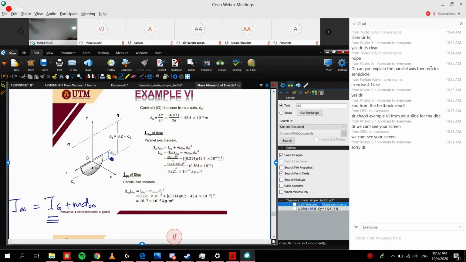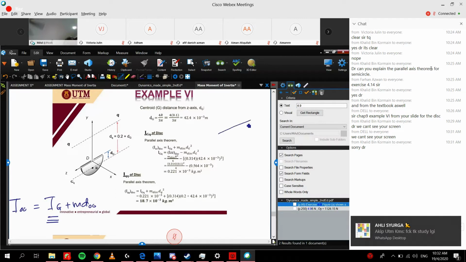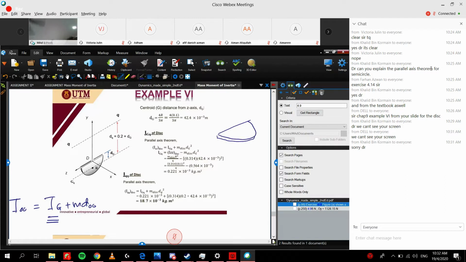Okay, for this semicircular disc, if you look at the table provided to you, you are given the I for this axis, that axis, and that axis. Let's name these A, B, and C. Between these three axes, for this semicircular disc, the center of gravity is somewhere over there.